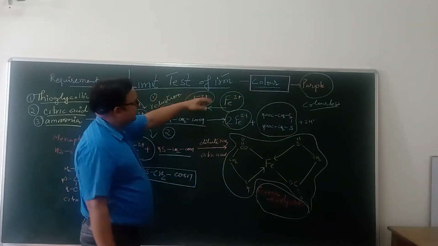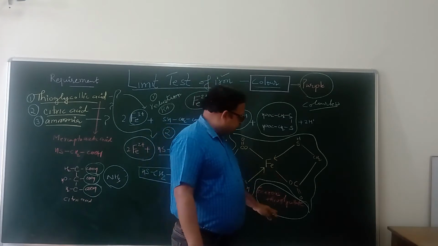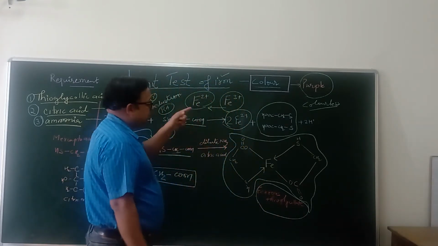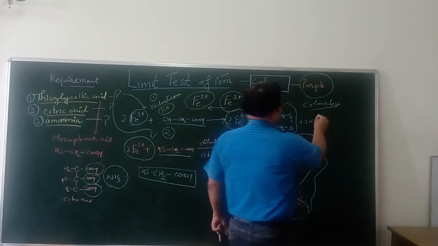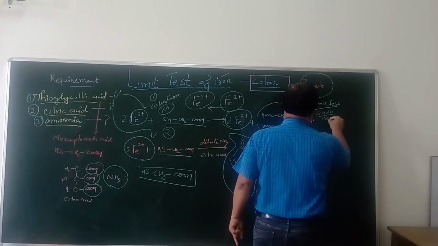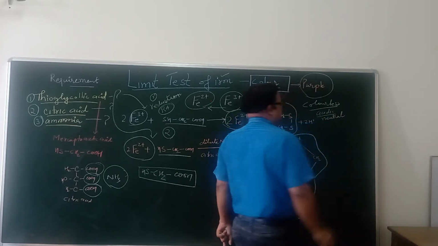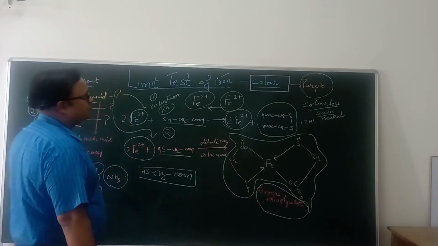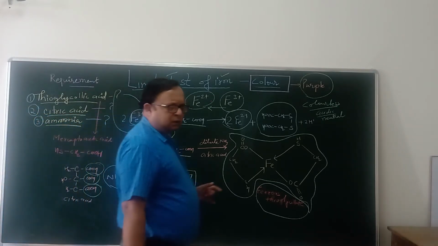Initially I told you that we are comparing the color, but once more I am telling you this ferrous thioglycolate is colorless, but it is colorless in acidic or neutral medium. So it is colorless in acidic or neutral medium.